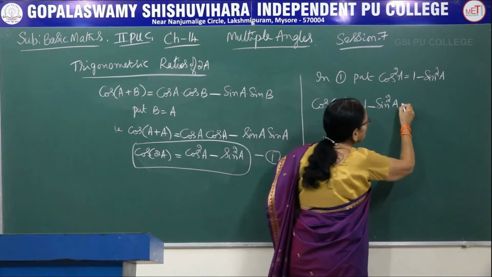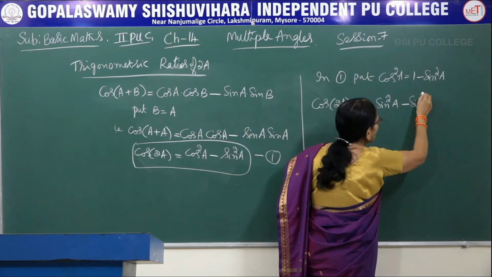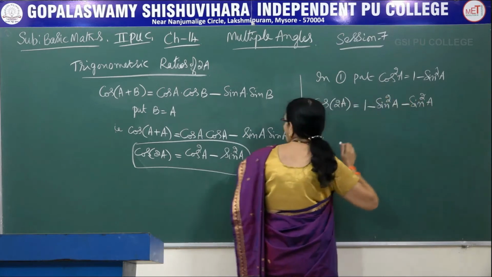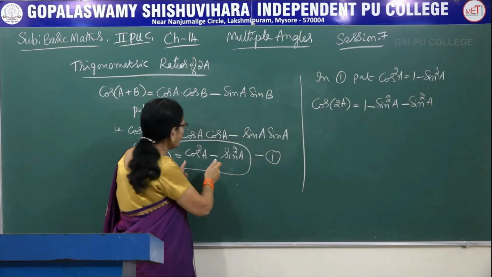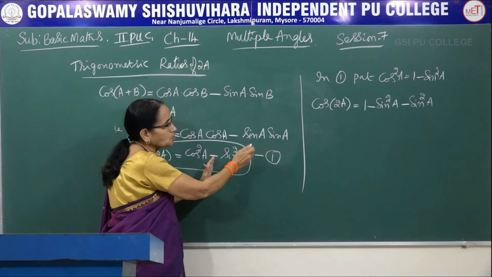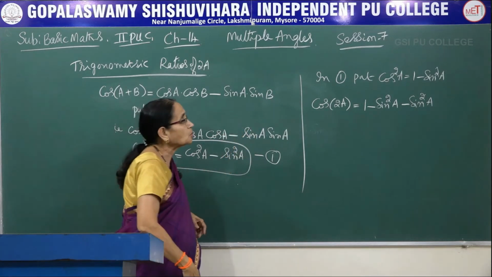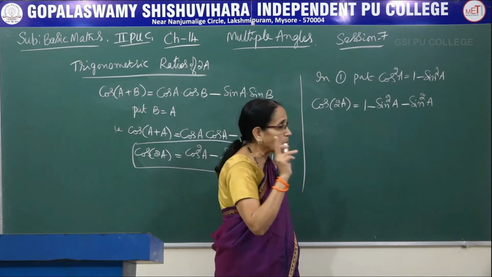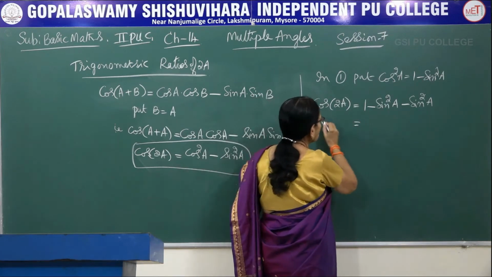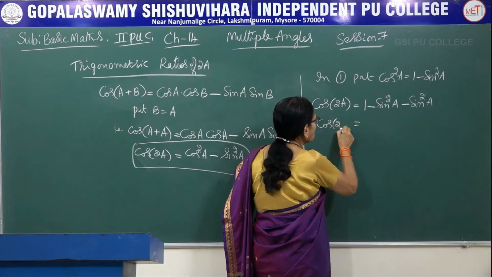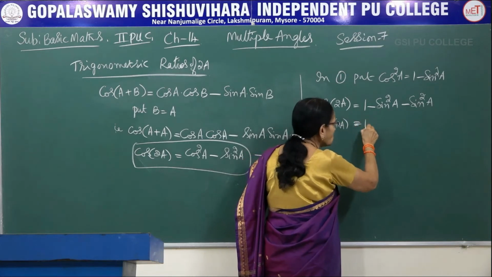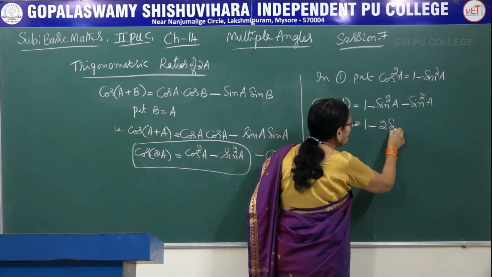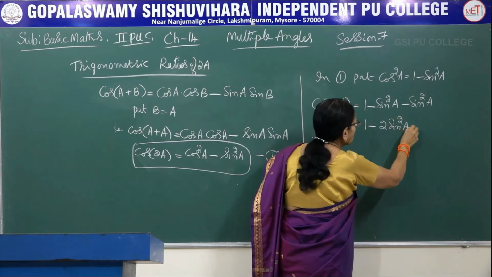The other, minus sin square a, write it as it is. So only the first term cos square a has been replaced. This minus sin square a, keep it as it is. Look here, sin square a, how many times is it repeated? It is repeated 2 times. So I can write the formula. It is cos of 2a can also be written as 1 minus 2 times sin square a.